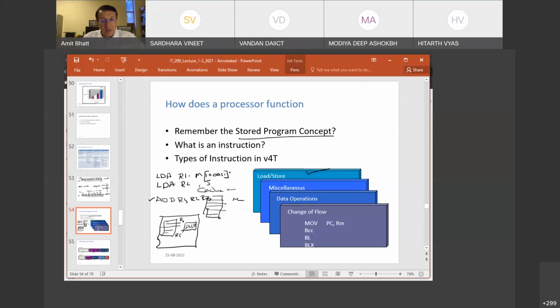That means go to this memory location, read that value and store it into register R1. Then here also you may give a different address, 1100 whatever, a lot of ones and zeros. So what it means is go to this particular memory address, read the content and write it into register R2.